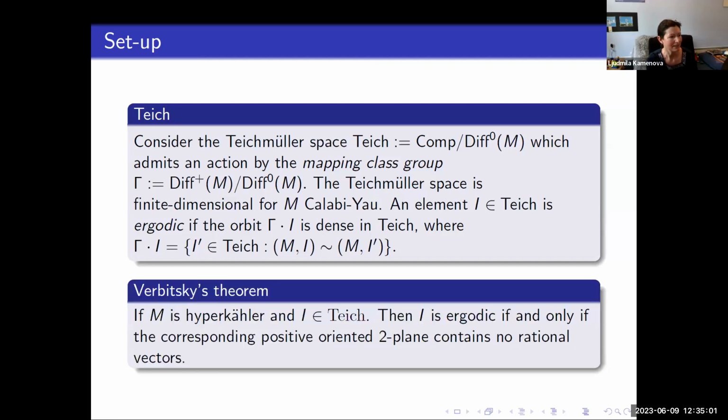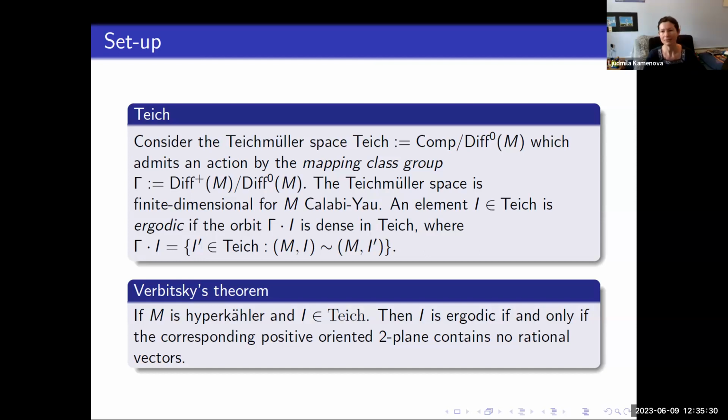Okay, and Misha Verbitsky has this more geometric interpretation of what ergodicity means. So basically, for every complex structure, you have this decomposition of H2, let's say with complex coefficients, as H20 plus H11 plus H02.